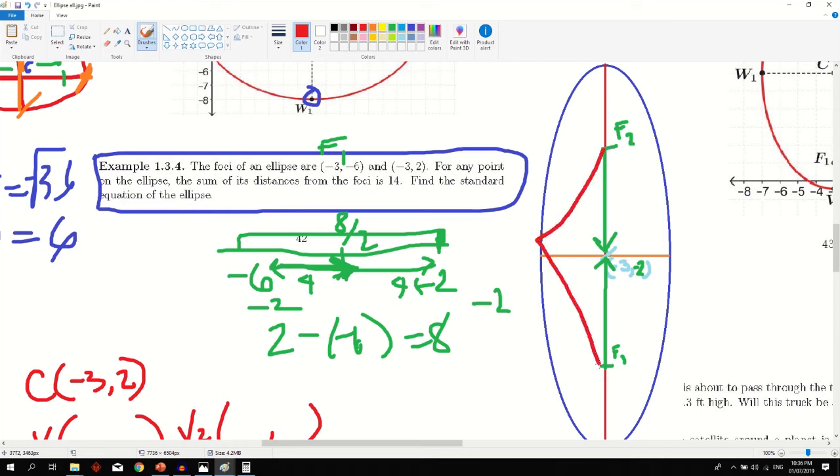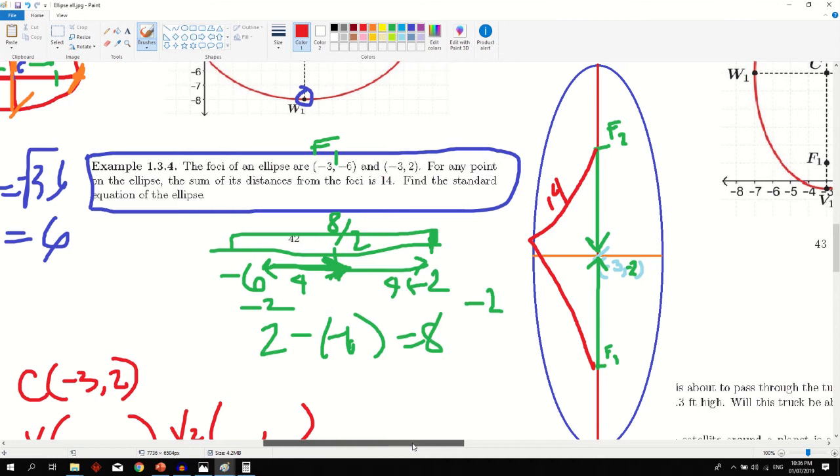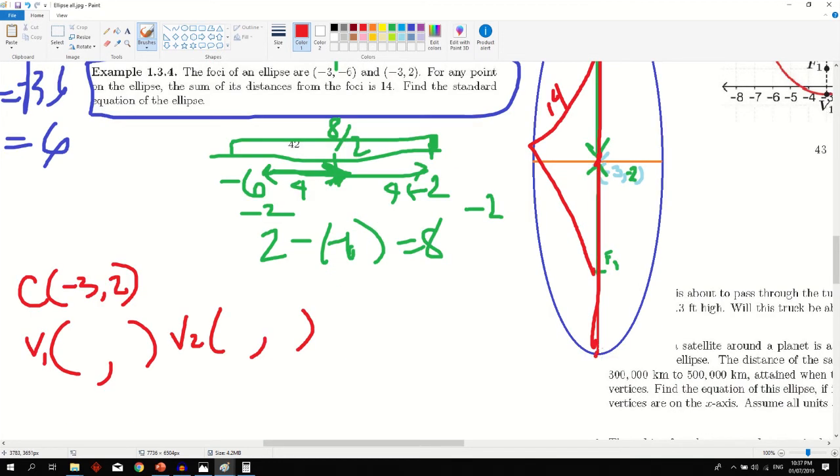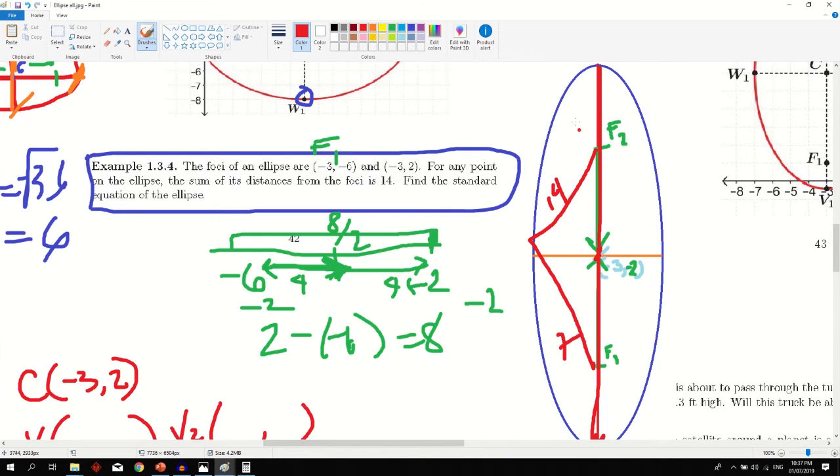So the whole diameter is 14. So from the center to this one is 7, because we divided by 2. So 7 here, then the other one should also be 7.